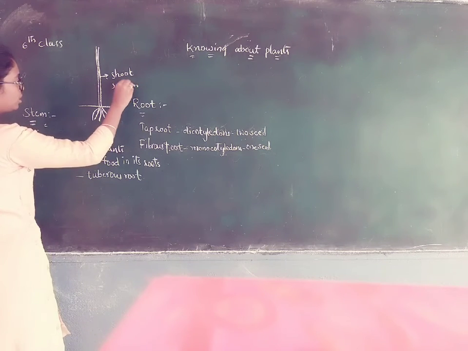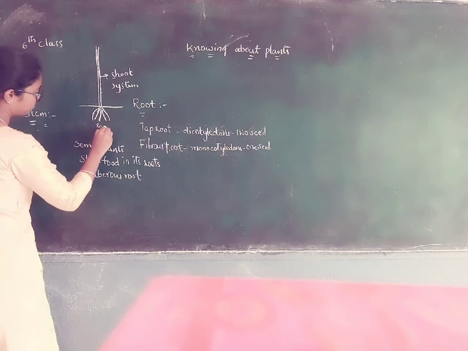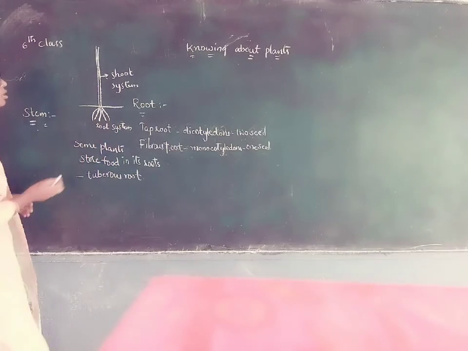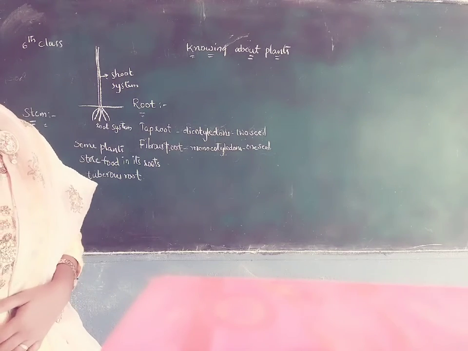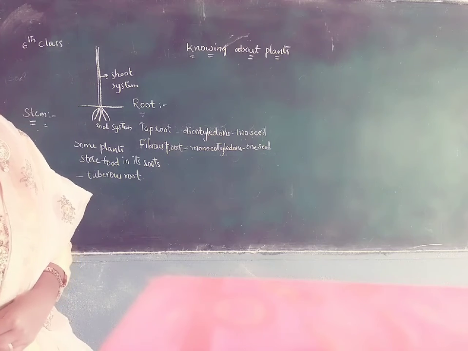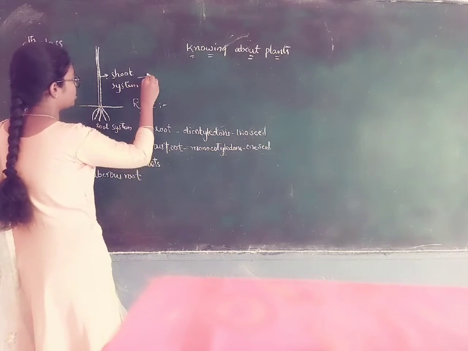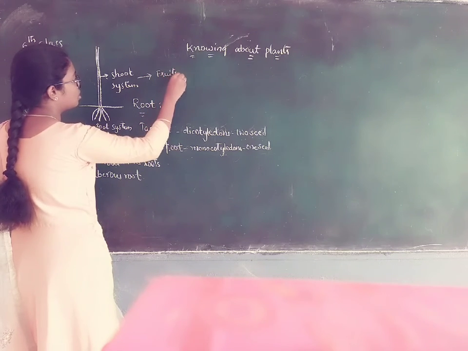As we know, that which contains roots is known as the root system. The shoot system consists of stems, leaves, fruits and flowers.